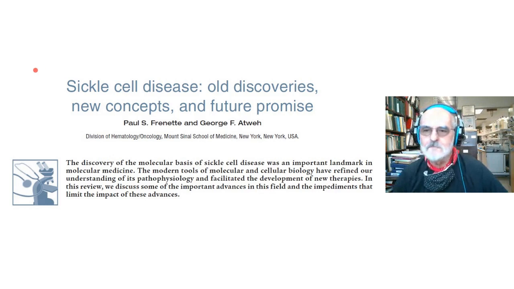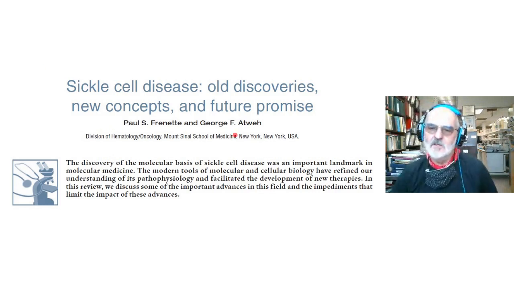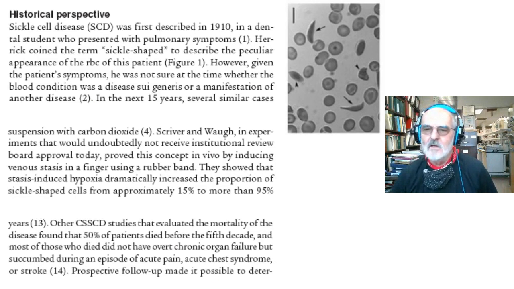Okay, so this is that other paper that I mentioned that's posted out there, and this is sort of a discussion of some history. The sickle cell mutation was first discovered in 1910. A dental student presented with pulmonary symptoms, and this physician, Herrick, coined the term sickle shaped when he looked at the patient's red blood cells, and you could see these abnormally shaped cells.